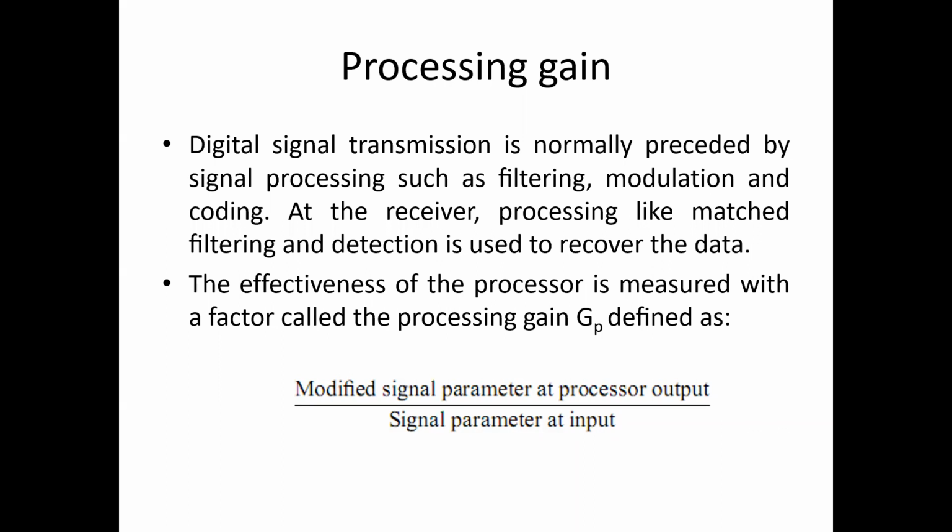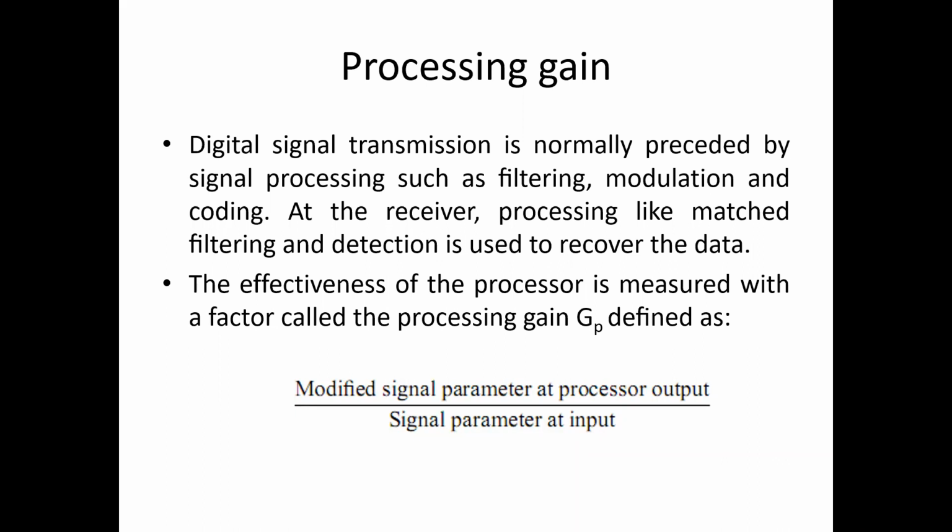As you have seen in the three different systems we have discussed, we have a matched filter. The effectiveness of the processor is measured with a factor called processing gain, GP, defined as the signal parameter at the processor output over the signal parameter at the input.